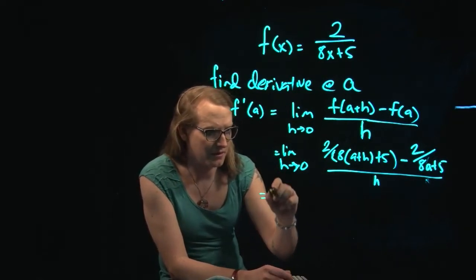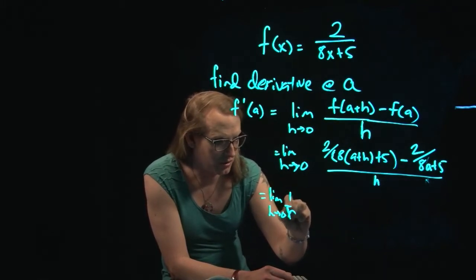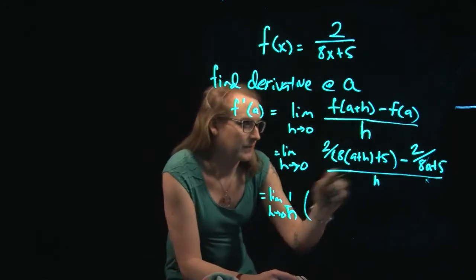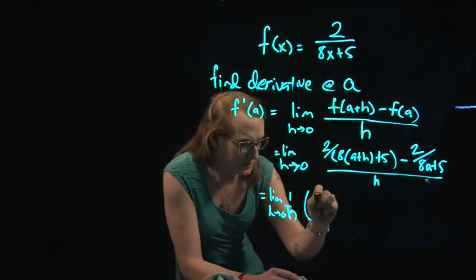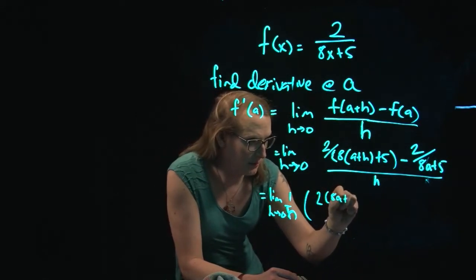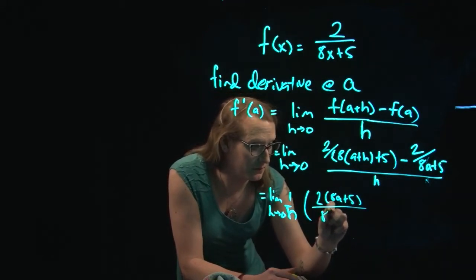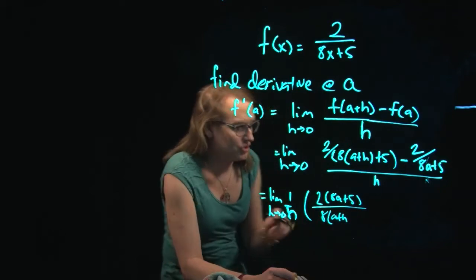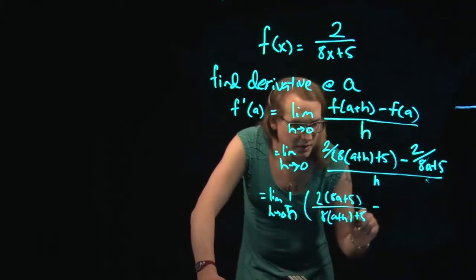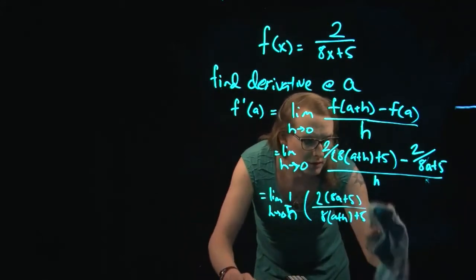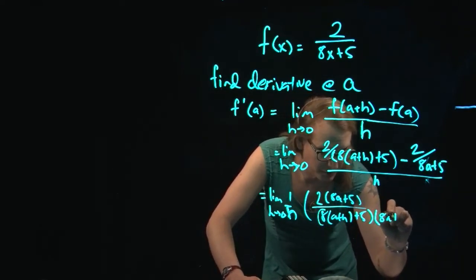So this is the limit as h approaches 0 of 1 over h times, so I need to multiply this one by 8a plus 5 over 8a plus 5. So I have 2 times 8a plus 5, divided by 8 times a plus h plus 5, minus, because of the common thing, 8a plus 5.